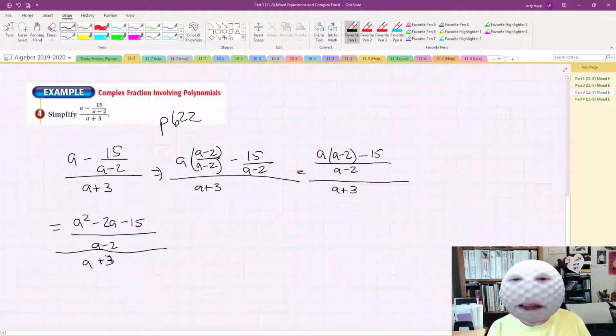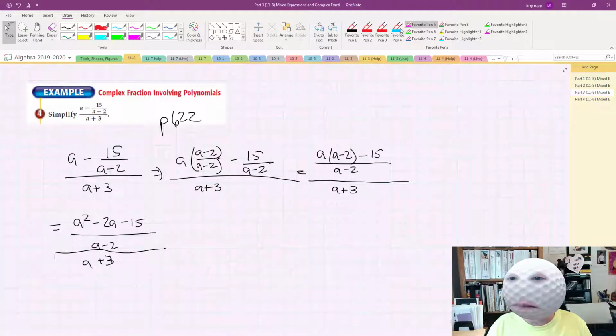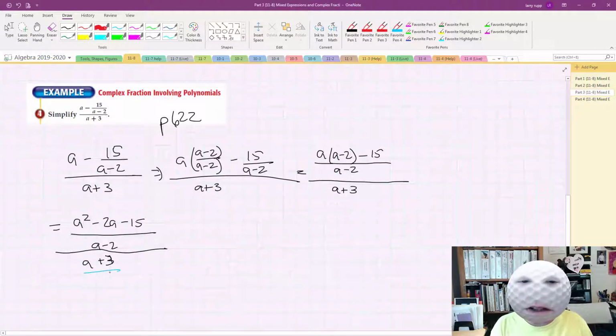Sorry. Okay, so again, here's something that you can do. I'm going to do this in a different color. A plus 3 is the same as a plus 3 over 1, right? It's just over 1. You can still do this top times the bottom over the middle.